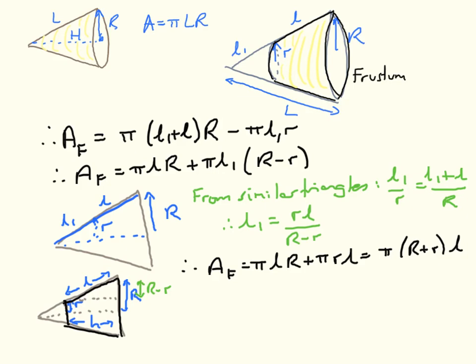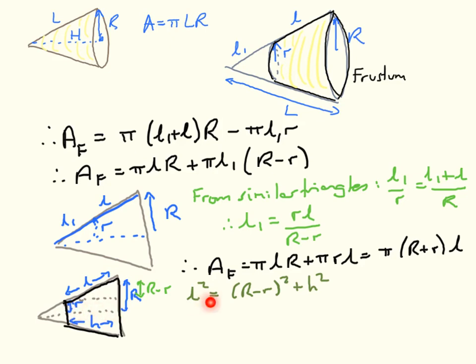So by Pythagoras' theorem, what we have is that little l squared is equal to capital R minus little r squared plus h squared, which is, I emphasize again, the height of the frustum.